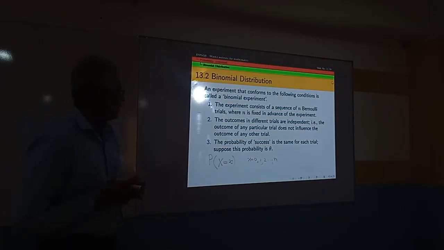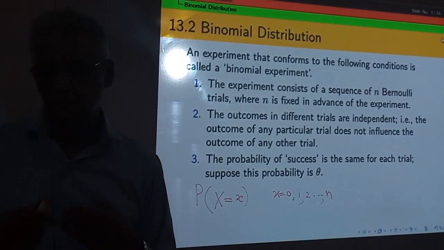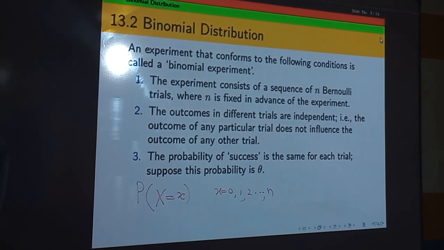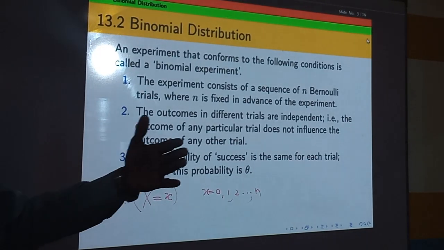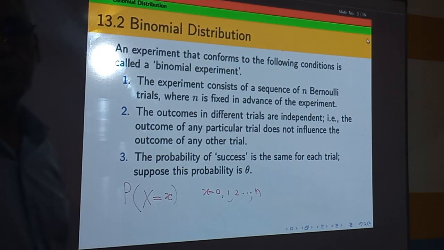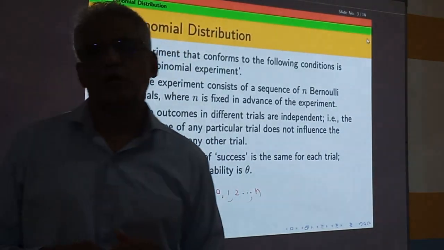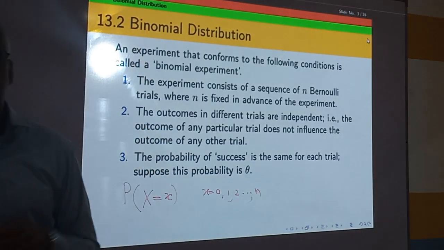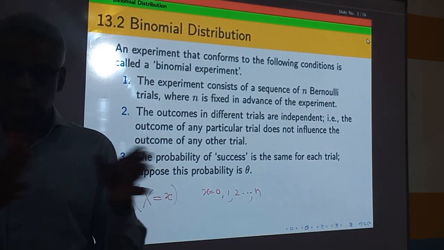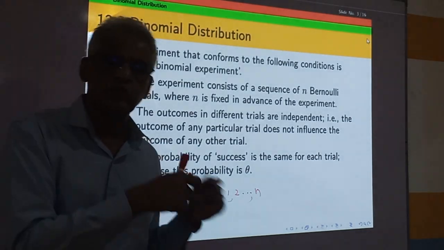Suppose now, if you want to apply this particular distribution, there are some conditions under which we can apply this model. The first condition is we should have a fixed number of Bernoulli trials. And the outcome in the Bernoulli trial is always success or failure. The outcomes should be independent also. What you get in the second one doesn't depend on what you got on the first one.